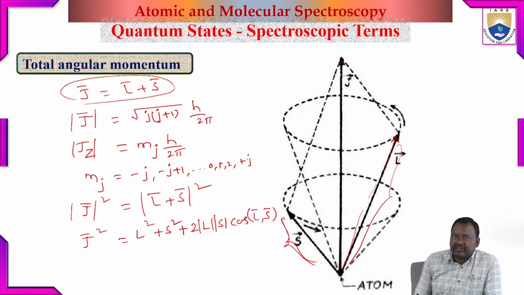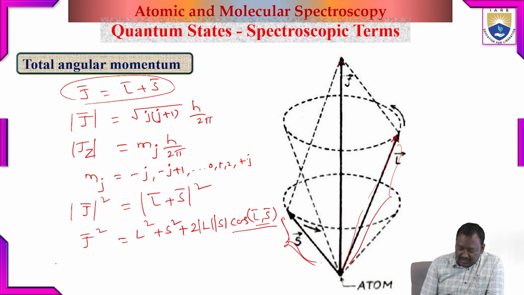So if we want to find the angle between these two vectors, the orbital angular momentum vector and the spin angular momentum vector, we try to find the cos of this value. We will see all these are magnitudes.